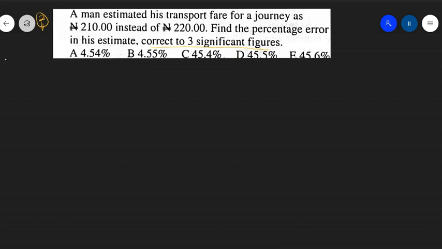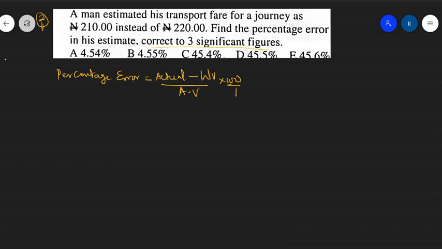To 3 significant figures. So the first thing, remember I said percentage error is equal to the actual value minus the wrong value, WV, over actual value AV times 100 over 1.